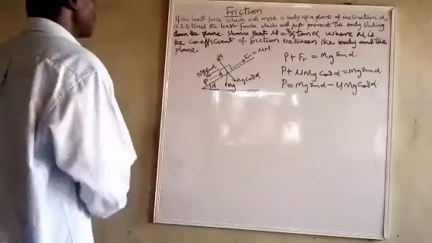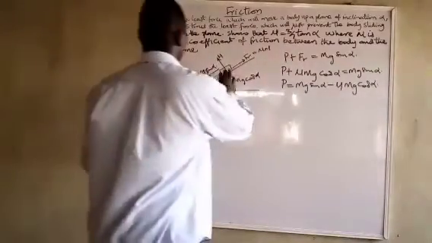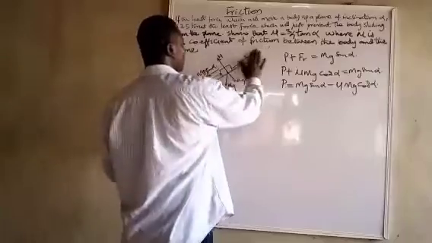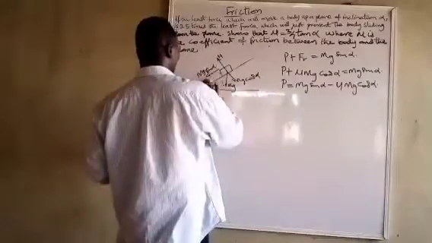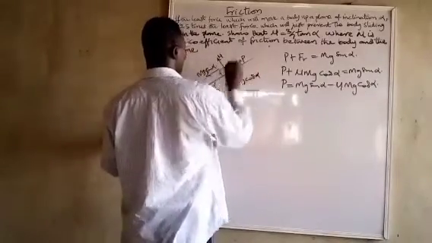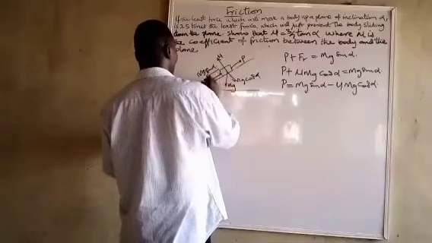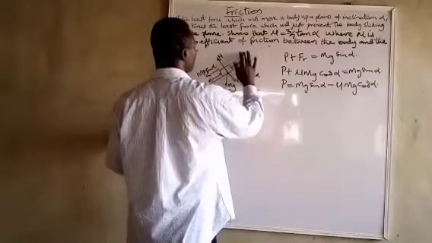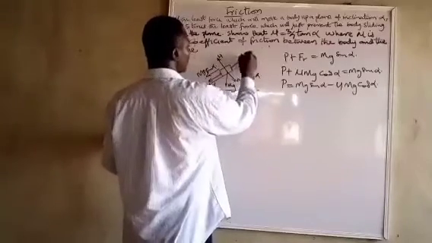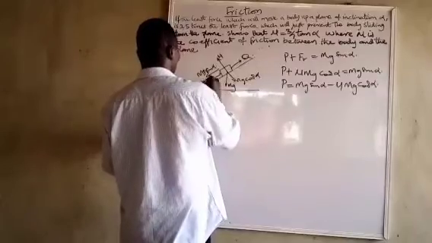Now, for the body to move up, this frictional force will now act downward, and P will be like this. So in this instance, let me call this one Q, FR.